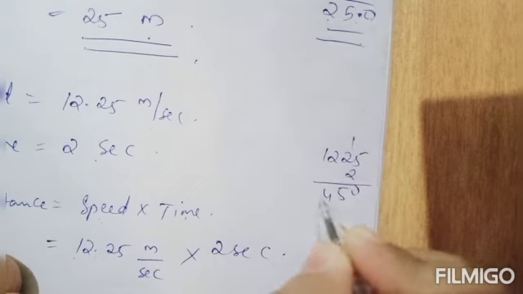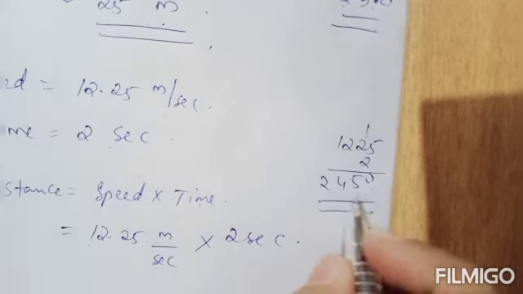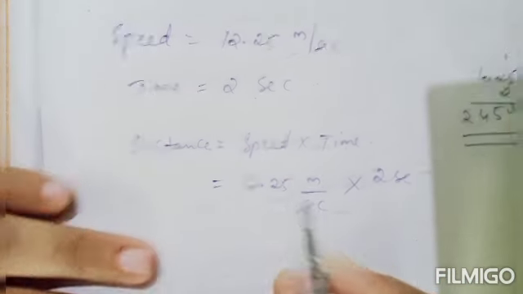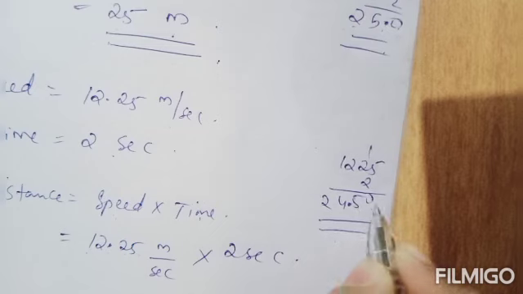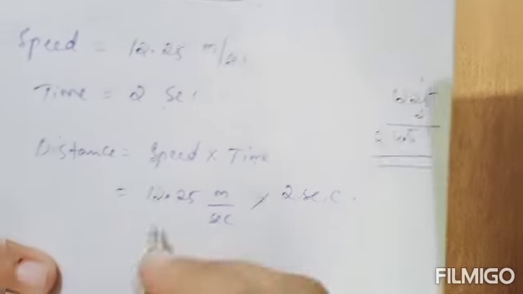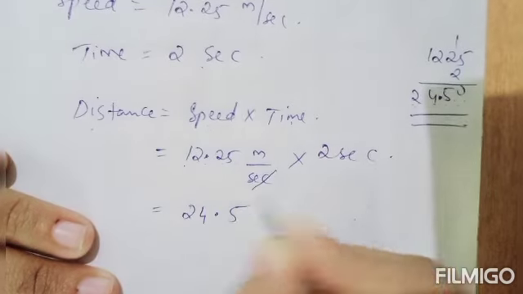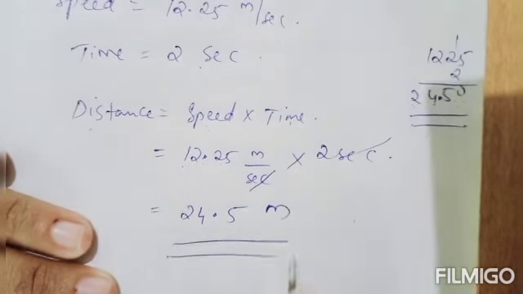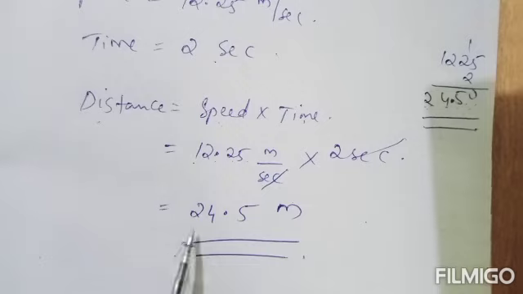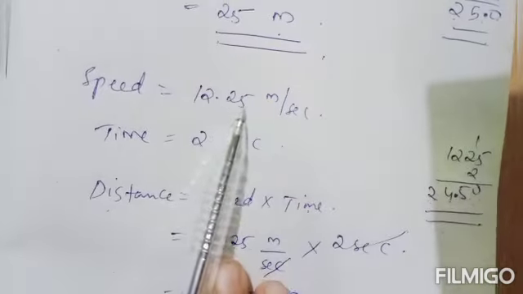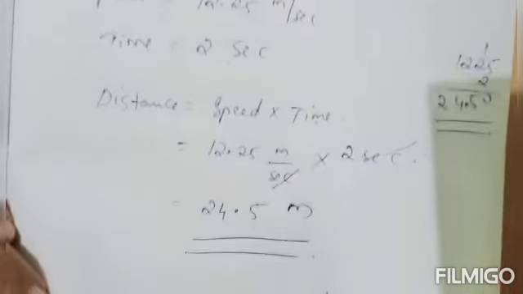You will get 2450. Now here after decimal point 2 digits are there. So here also after decimal point 2 digits should be there. So you will get 24.5. 24.5 meter. Okay, so in 2 seconds it will cover 24.5 meter if the speed is 12.25 meter per second.